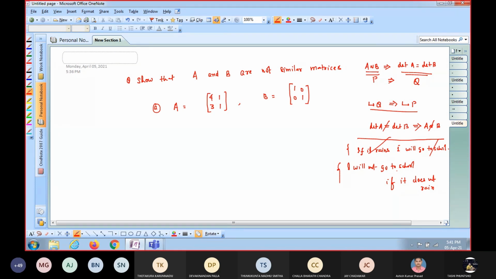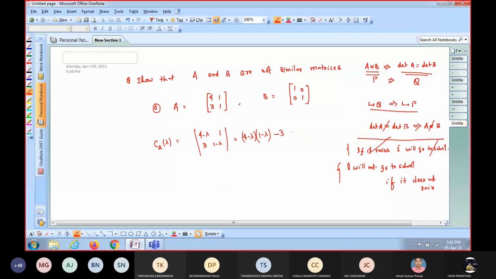Right. So first of all, I calculate characteristic polynomial of A. What is this? 4 minus lambda, 1, 3, 1 minus lambda. Determinant. So it is 4 minus lambda into 1 minus lambda minus 3 into 1 is 3.